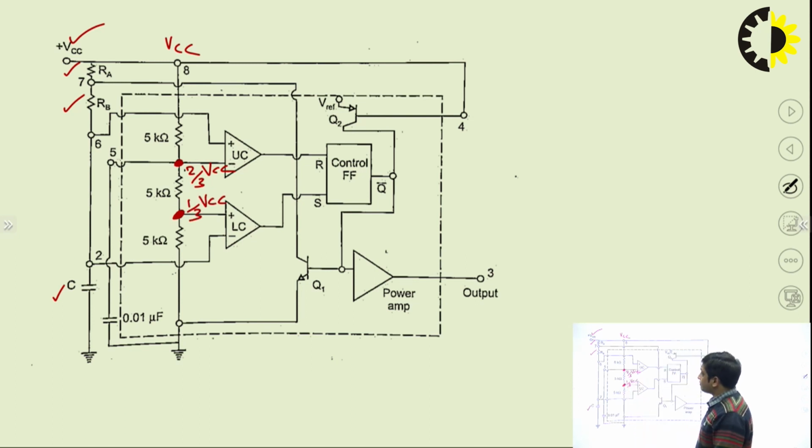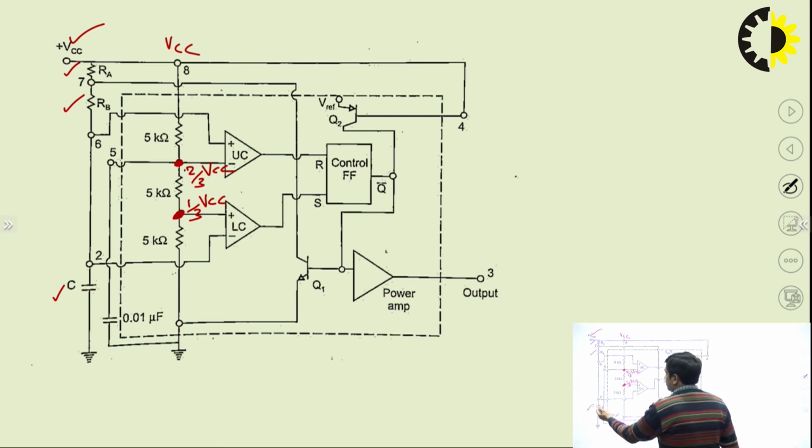Fine. So it means that inside the 555 timer IC, the voltage at the inverting terminal of the upper comparator is fixed to 2 by 3 VCC, and the voltage at the non-inverting terminal of the lower comparator is fixed to 1 by 3 VCC, right?